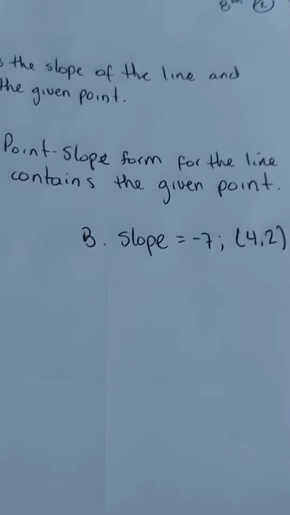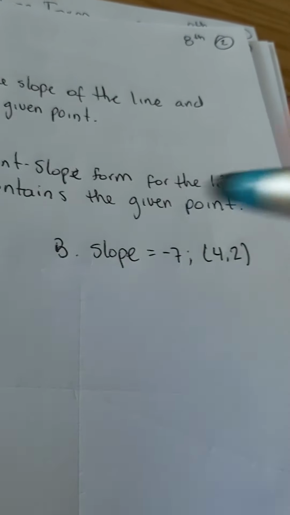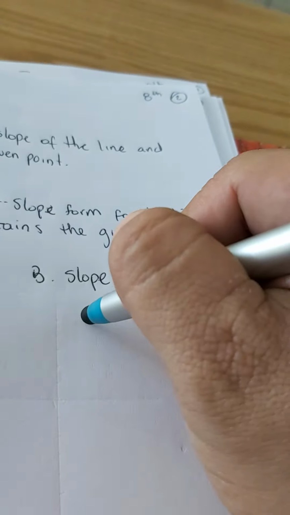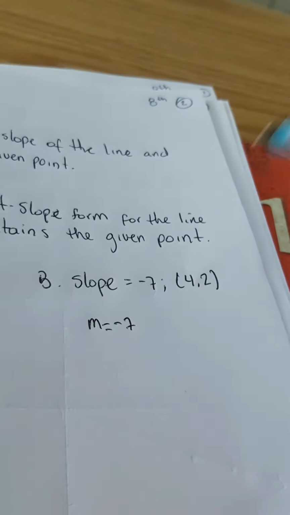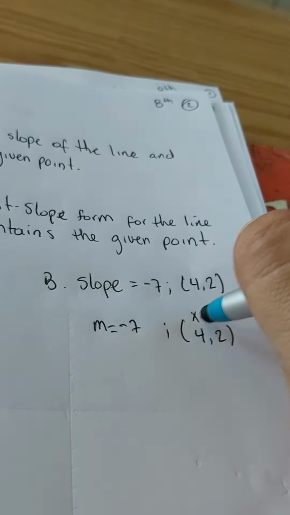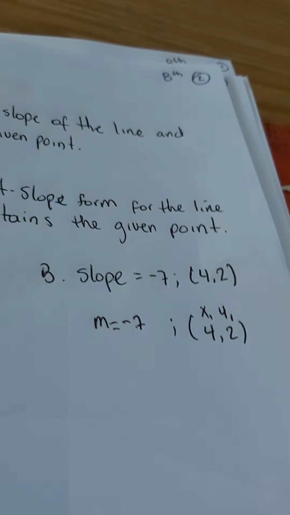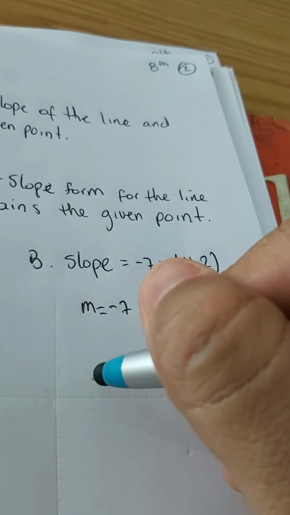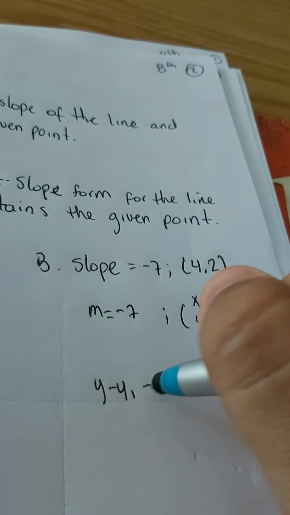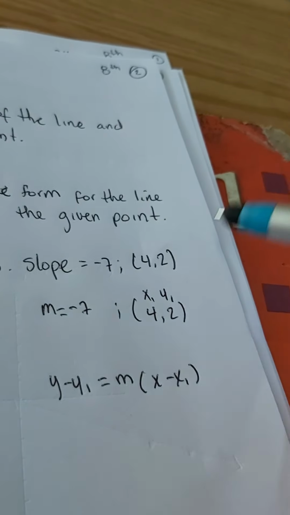Now, part B, slope equals -7, point equals 4,2. That means that m equals -7, and our point 4,2, this will be x1, y1. Now we write the point slope form, y minus y1 equals m times x minus x1.